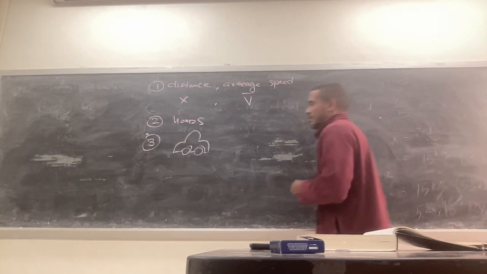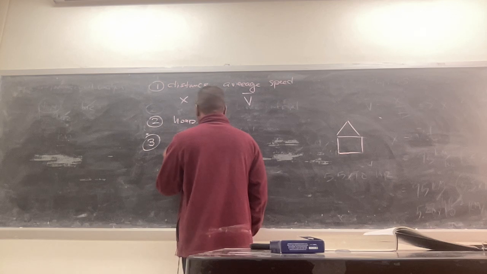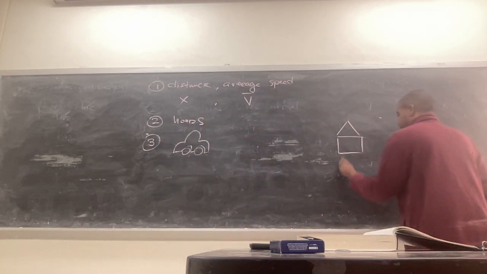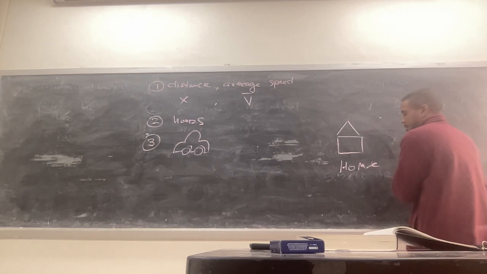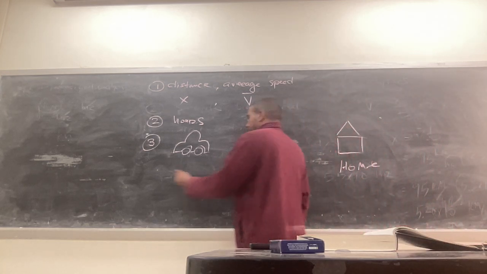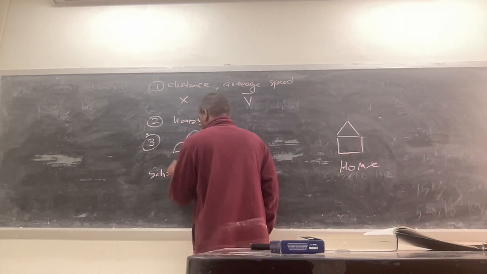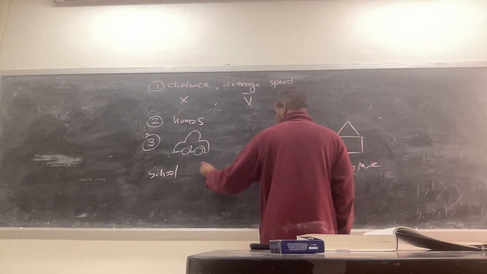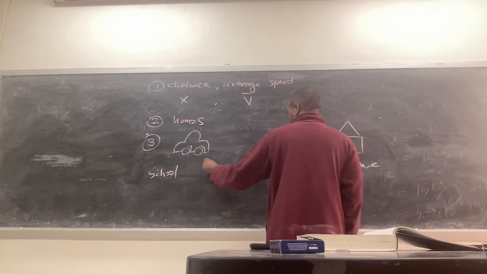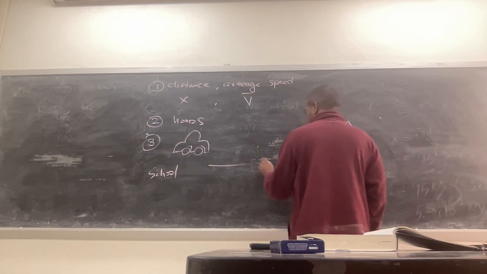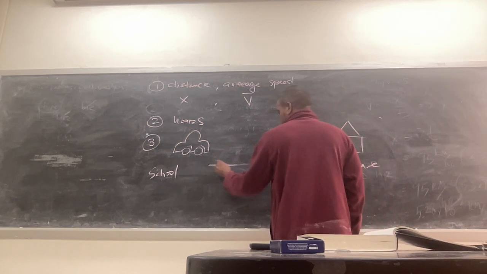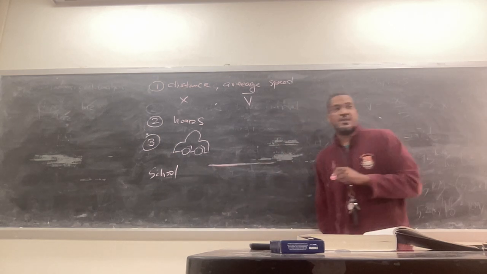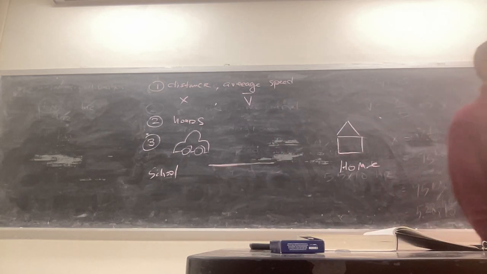Maybe we're leaving the schoolhouse right here, and this is home right here. Maybe the school is over here somewhere. This is school. And it says you're traveling, and then at some point it starts to rain. And you did what? Slow down.